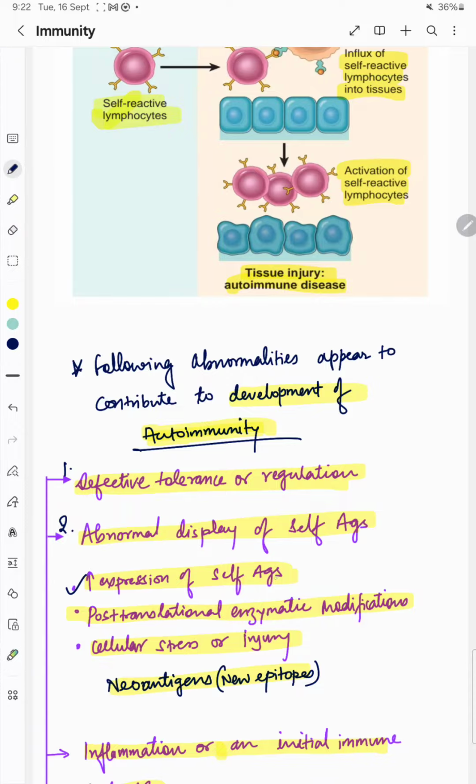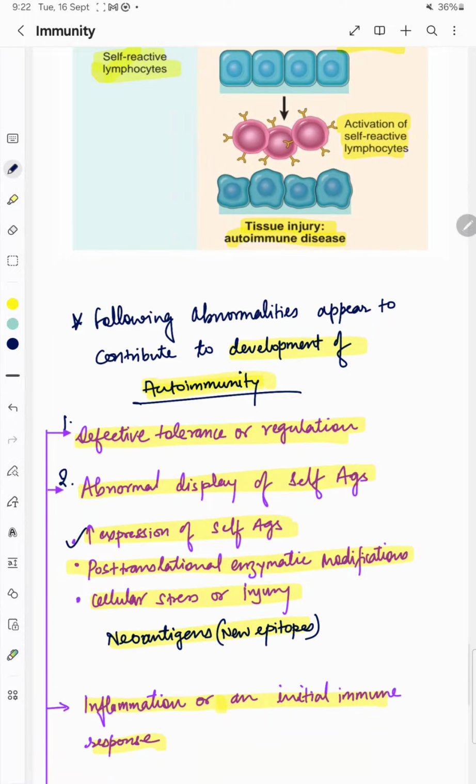Increased expression of self antigen may result in the development of autoimmunity. Post-translational enzymatic modification of self antigen or various cellular stress or injury may result in the development of new antigens or new epitopes, which may also contribute to the development of autoimmune disorders.